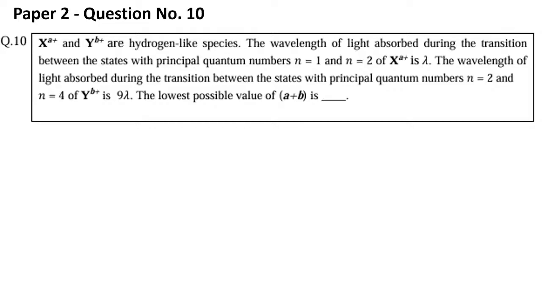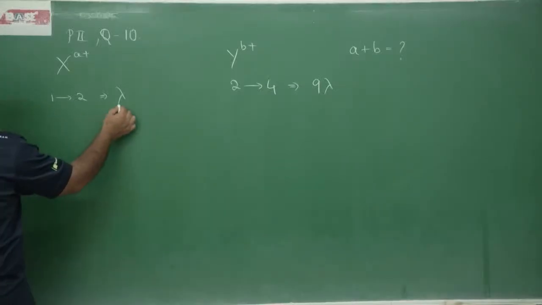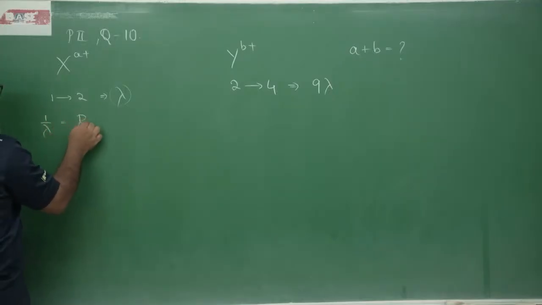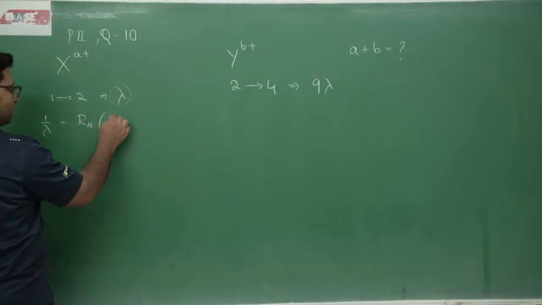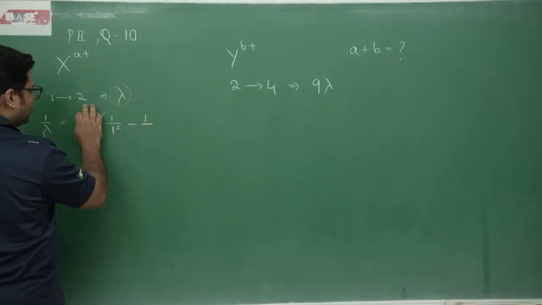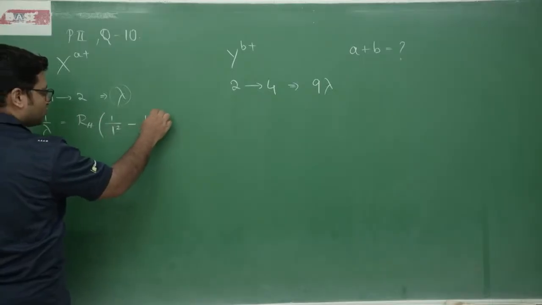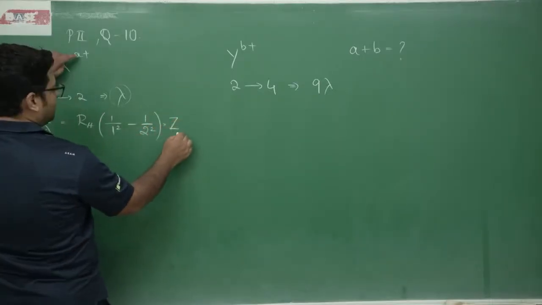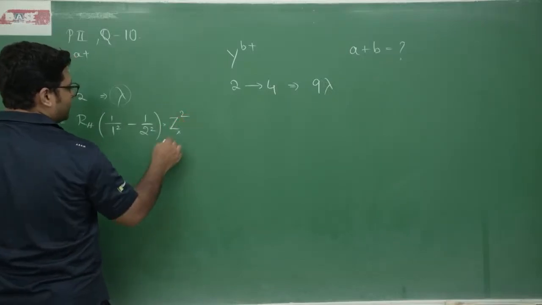Lowest possible value. Okay. So we shall use the Rydberg formula to calculate the wavelength and then compare the wavelengths for these two species. The Rydberg formula for the reciprocal of wavelength, the wave number, is Rydberg constant times 1 over n1 square, here n1 is 1, minus 1 over n2 square, the higher value of n2, 2 square, into Z of X square.